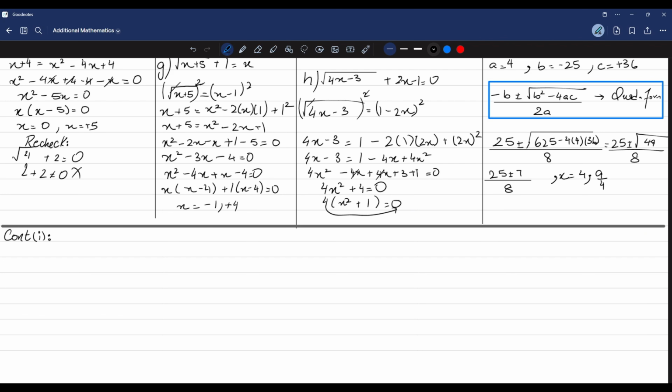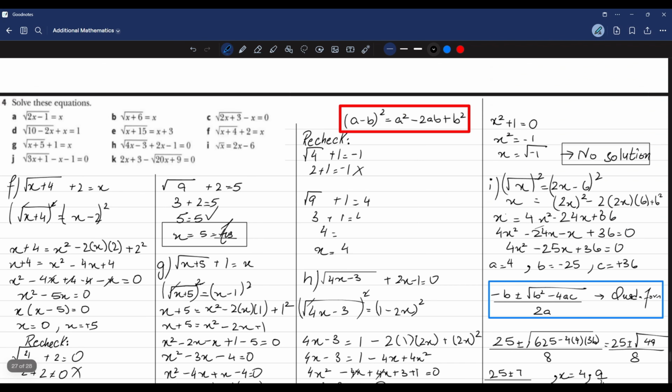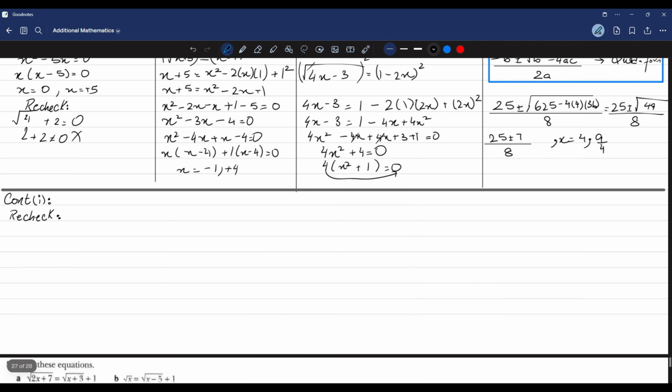Now we are going to continue with these values. We have to first of all recheck these values because we can't use both of them here. So x equals 4 or x equals 9 over 4. Let me just check what is I. Under root x is equal to 2x minus 6.